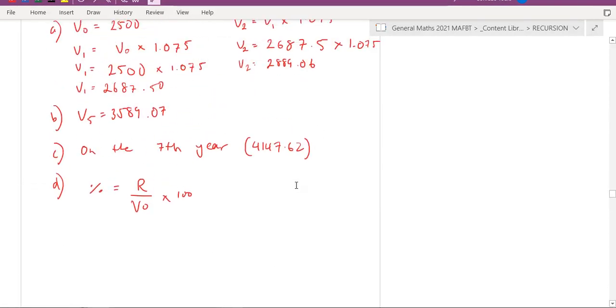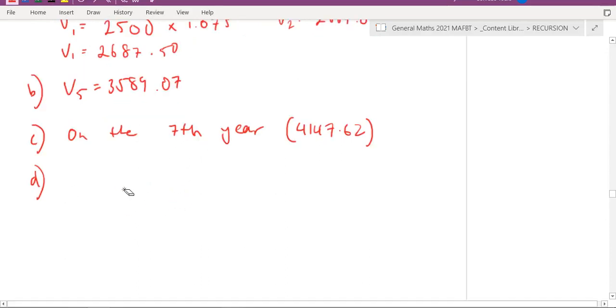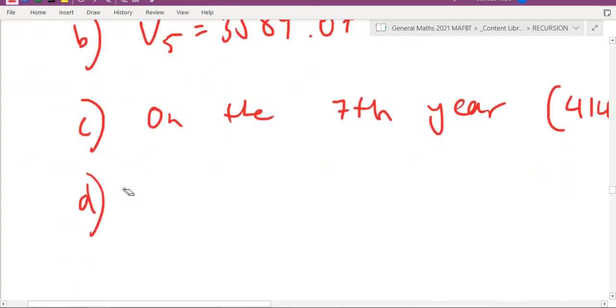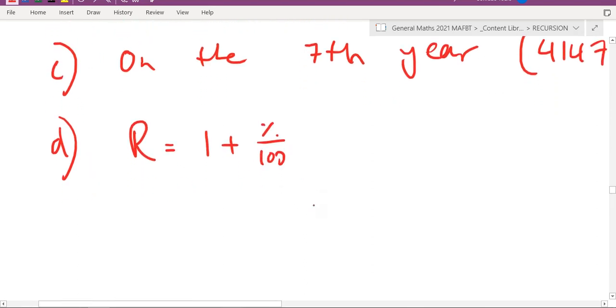Sorry guys, so this is for increasing. There's going to be another new formula for this. Remember, to get the R value, it's 1 plus percentage over 100, right? Now, to go back and find the percentage for that, it's slightly different.